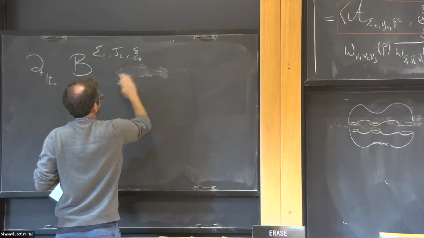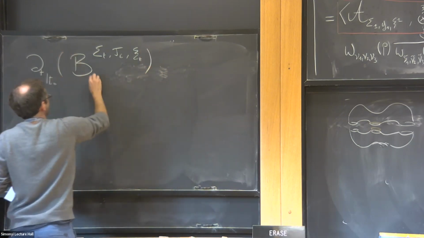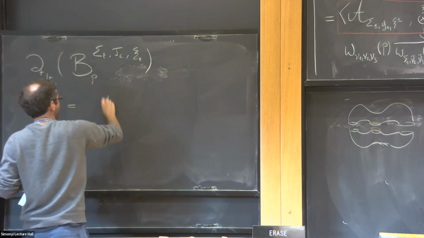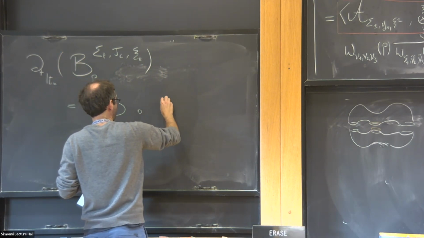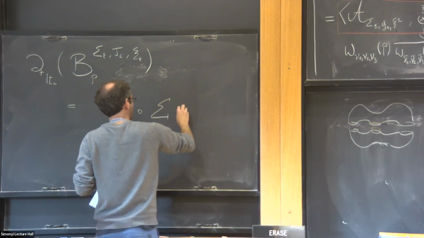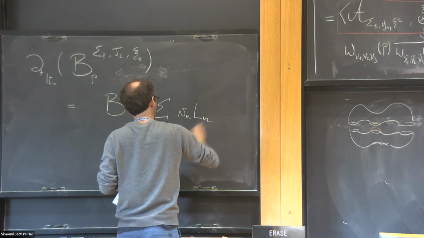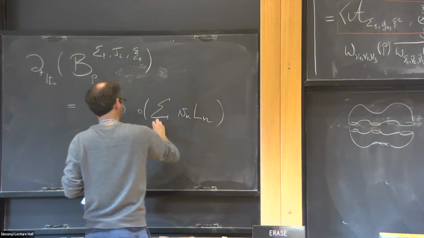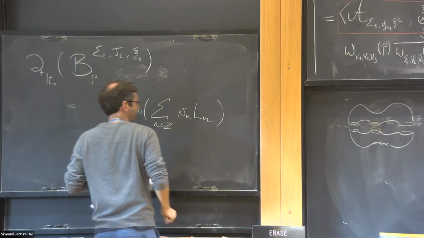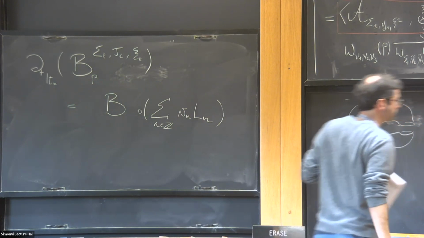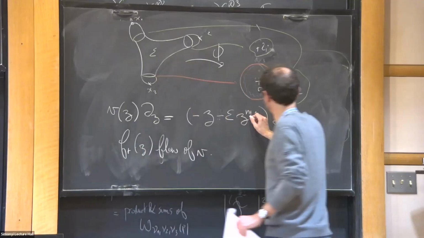Or, yeah, I view it as an operator now on the set of Young diagrams, P. This is actually going to be B composed with the sum of v_n Virasoro component for n in Z. Sorry, I took a name. Maybe I should put n0.